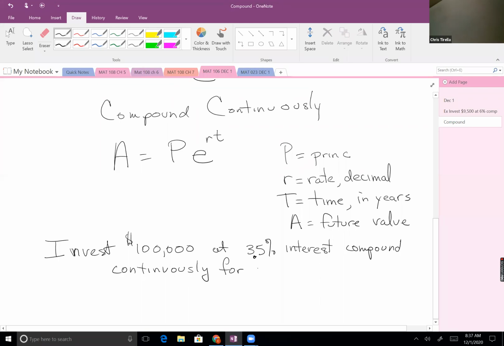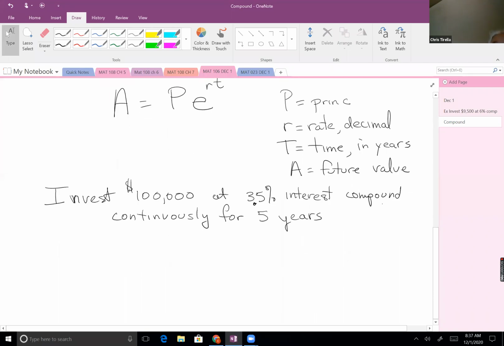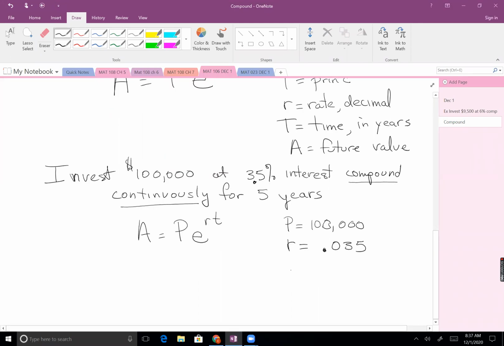Oh, let's leave it in there for 5 years. When I see that compounded continuously, I know I need this formula with E. The principal is 100,000. The rate as a decimal is 0.035. Be careful. Remember to move that decimal point to change the percent to a decimal. And our time is 5 years.